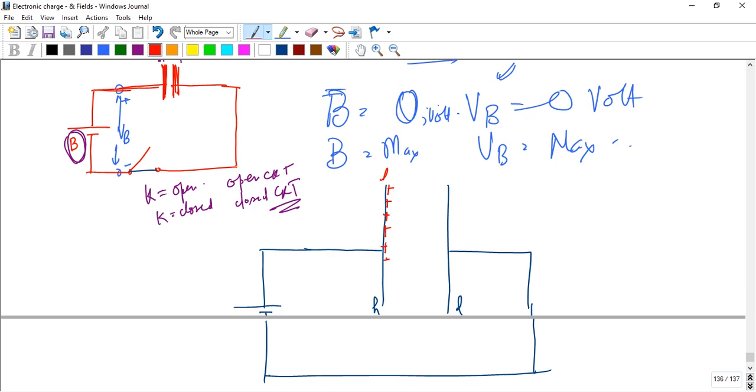Why does this have positive? Because there is a loss of electrons, and the electrons go in that direction. If electrons are lost, we get a positive charge here.